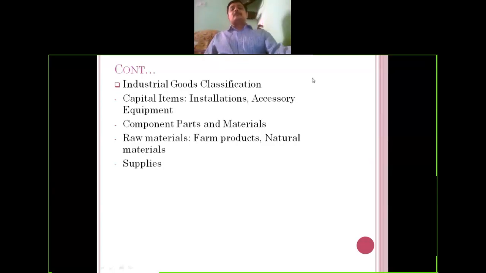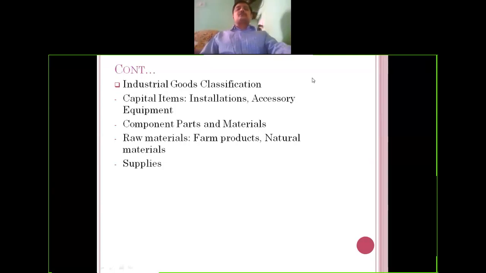Correct? Even about the raw materials, the farm products, or the nature of materials, it is completely associated with how frequently we make use of the products, and how efficiently we market and brand them separately. Okay, and even the supplies of your finished goods.